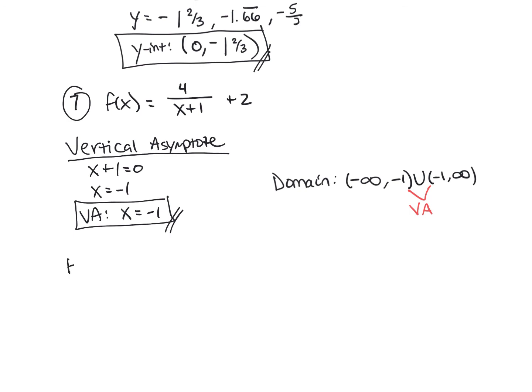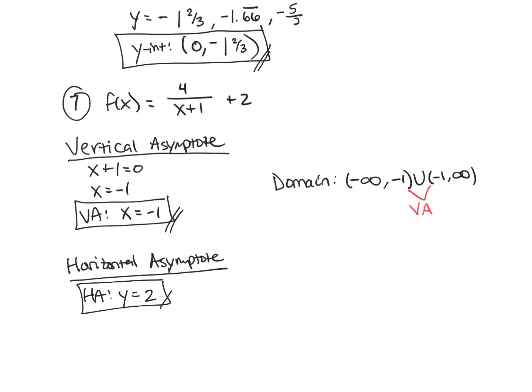For our horizontal asymptote, we're going to look to see whatever the k value is. In this case, I see a plus 2 at the end of the equation. If you don't see anything, it's considered a plus 0. But in this case, I see a plus 2. So our horizontal asymptote is y is equal to 2.